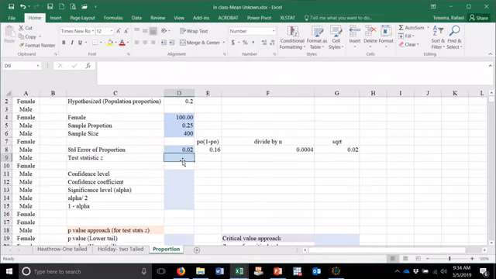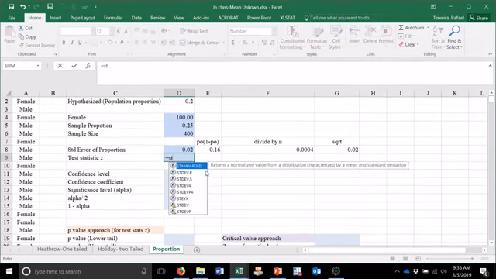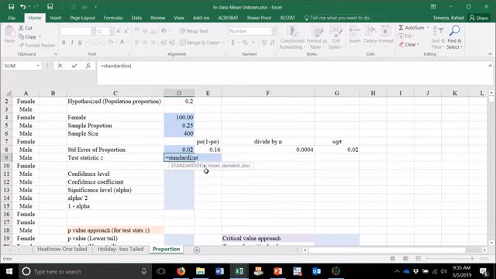Now I can come up with my test statistic for the difference between the sample proportion and the hypothesized proportion. So I can come up with my z. My z is going to be equal to STANDARDIZE. I'm going to use the function STANDARDIZE. Open parenthesis, I'm going to standardize one number. The number I want to standardize is 0.25. Then type comma.